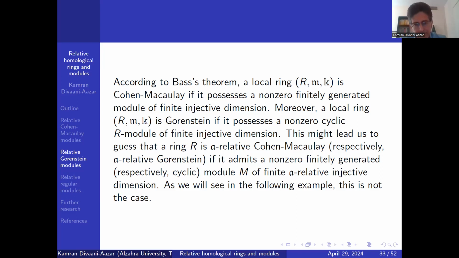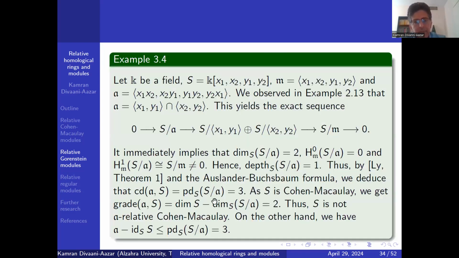Keeping these two classical theorems in mind, one may ask about an analog of these two theorems in the relative theory. Unfortunately, this is not the case, and we have an example showing this. Take S, this ring, and m its maximal homogeneous ideal. A is the ideal of C4 as before.